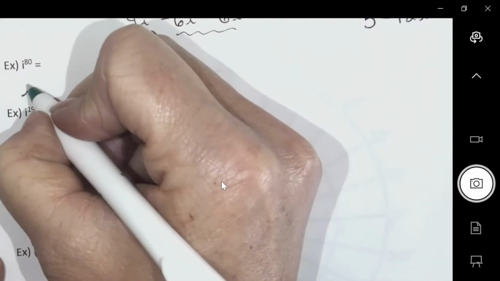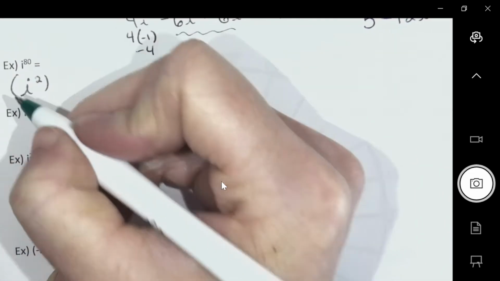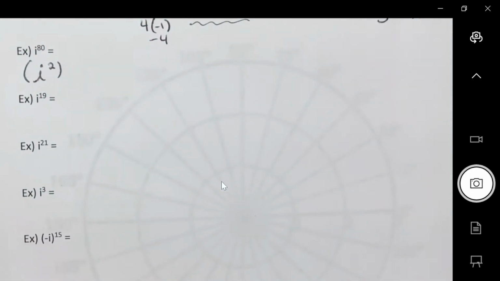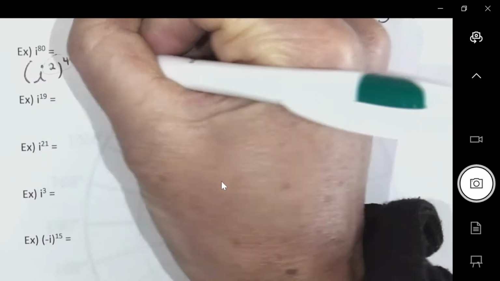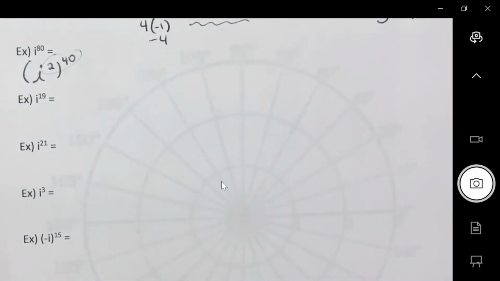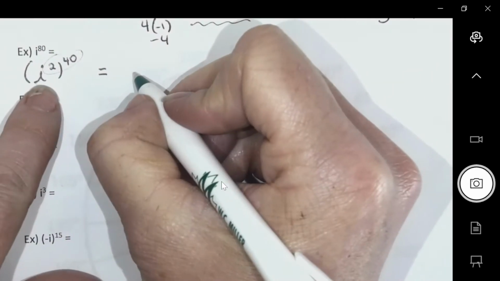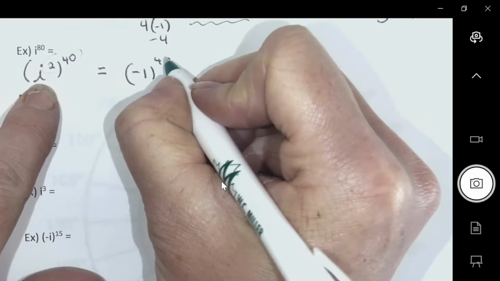So I'm going to go like this. i squared to the what would get me to an i to the 80? Do you remember the rules with exponents? They would multiply. So if I did that, are we okay to see that that's i to the 80? Okay, so i squared is -1.